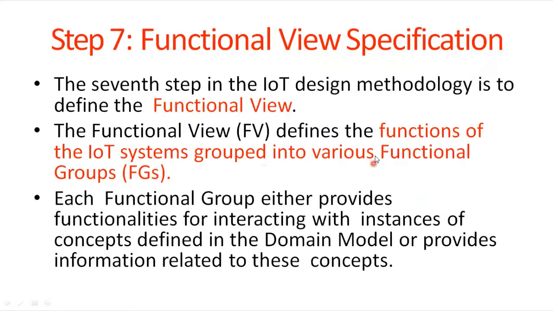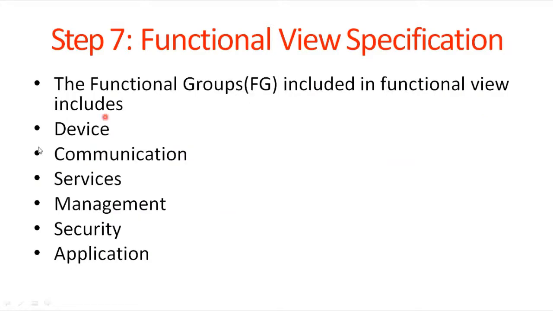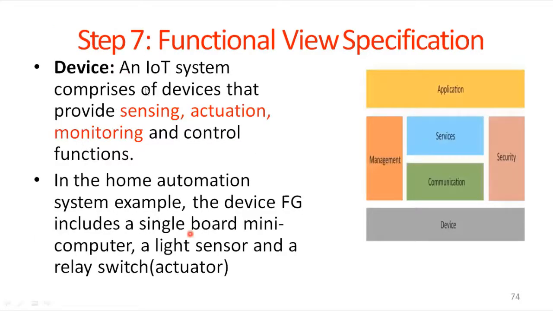And then coming to the functional view specification for the home automation. In the previously discussed functional view specification, the functions of an IoT system are grouped into various functional groups. Each function group has its own components. You discussed those: devices, communication, services, management, security, and application. Here, devices are for sensing, activation, and monitoring.